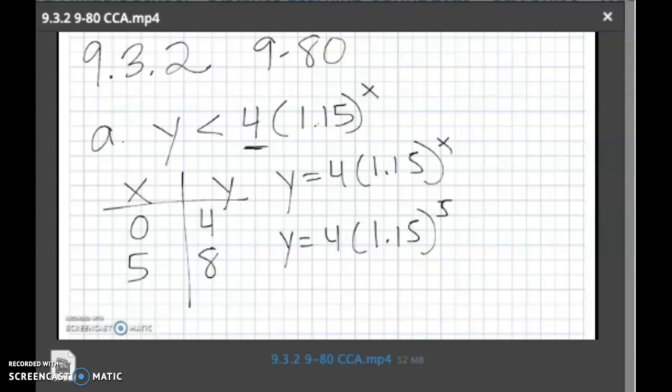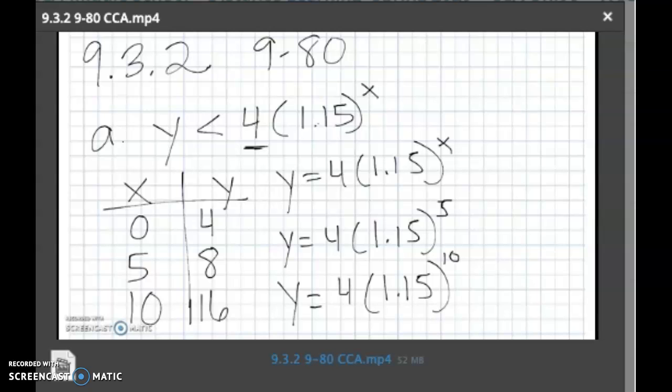There's some more decimal places, but I'm just going to round it to 8. I'm going to pick another value, going up by 5 again, when x equals 10. I put that in for x, and when I put that into my calculator, again rounding to a whole number, I get approximately 16.